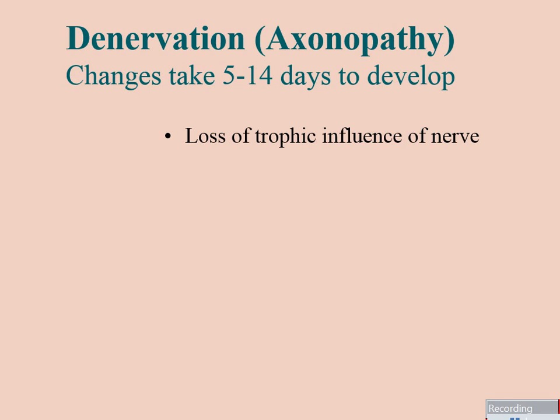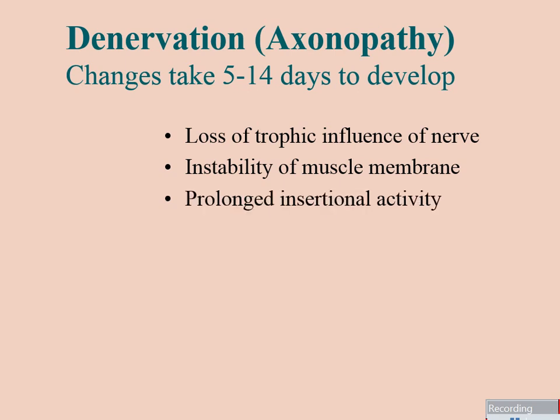But the nerve has a trophic influence on the muscle. And when we lose that trophic influence of the nerve, the muscle membrane becomes unstable. It is no longer in a nice, even resting membrane potential. The ion channels start to move around, and everything kind of gets out of sync.